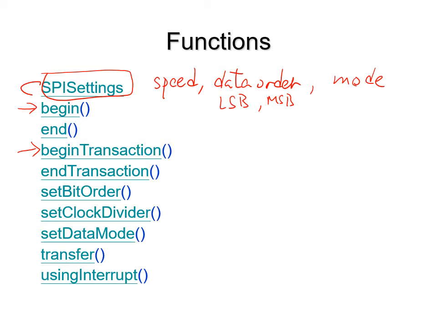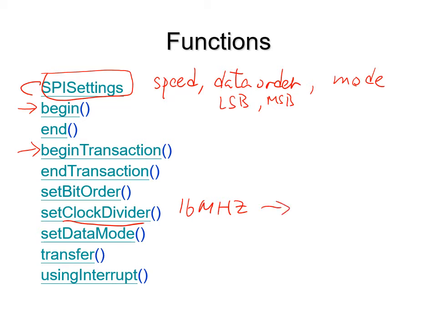Set bit order means you are going to have the most significant bit transmitted first or the least significant bit transmitted first. And you can set the clock divider. Normally, our Arduino operates at 16 MHz. If you are going to set the transmission of SPI to a lower speed, you can set a clock divider.